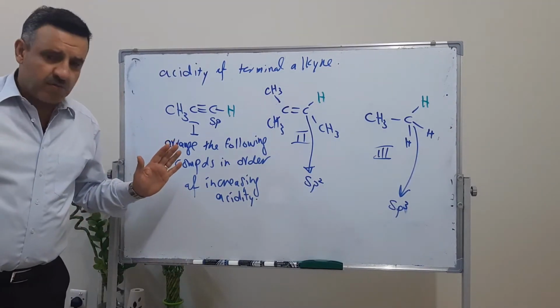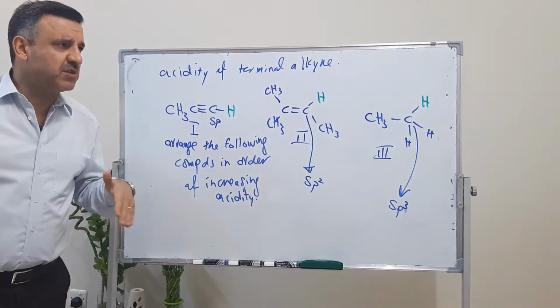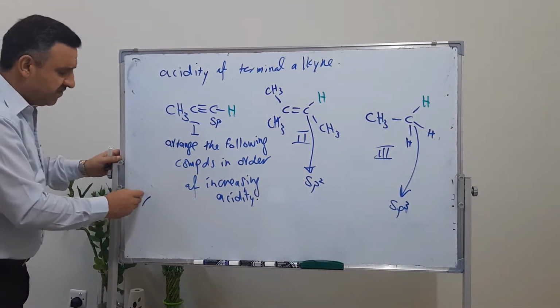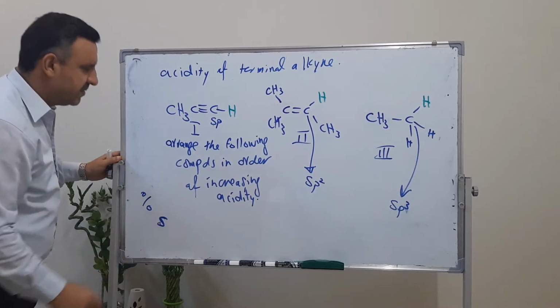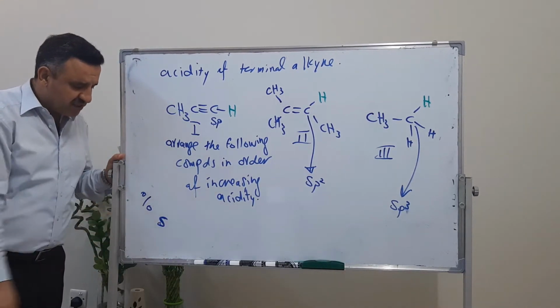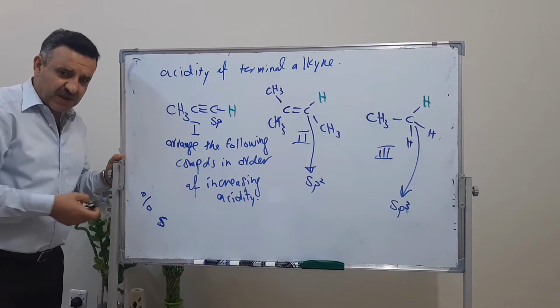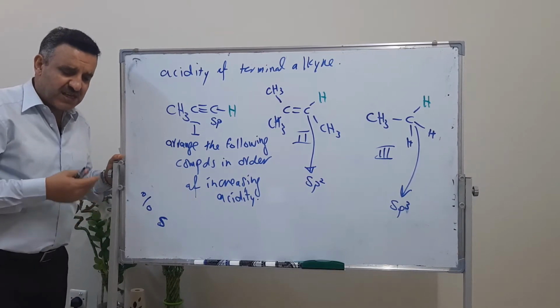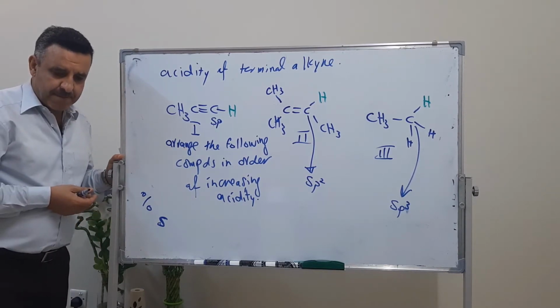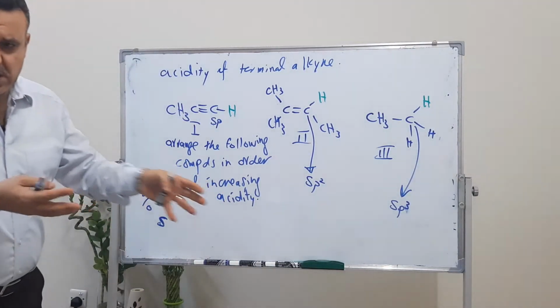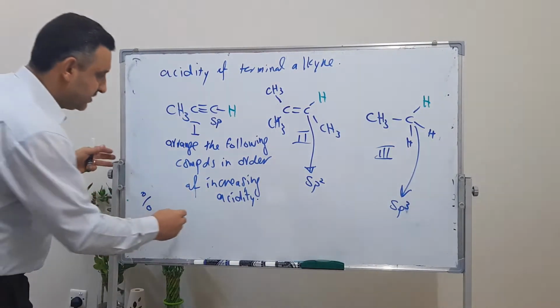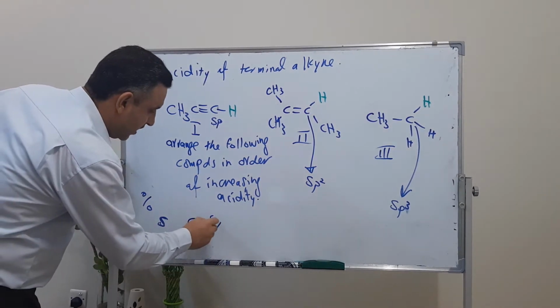Now, in all of these carbons, what will be the percentage of s orbital in the hybridized orbital? In the sp, what will be the percent of the s? 50%, because simply one s and one p, so it is 1 out of 2, right?